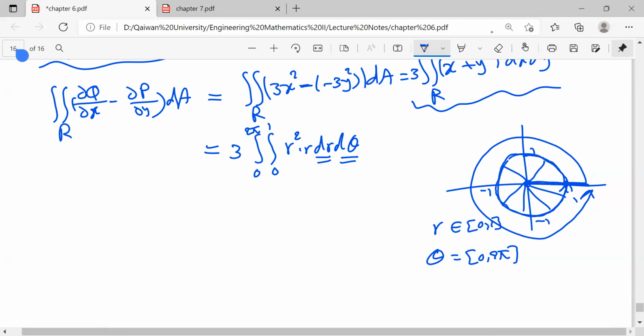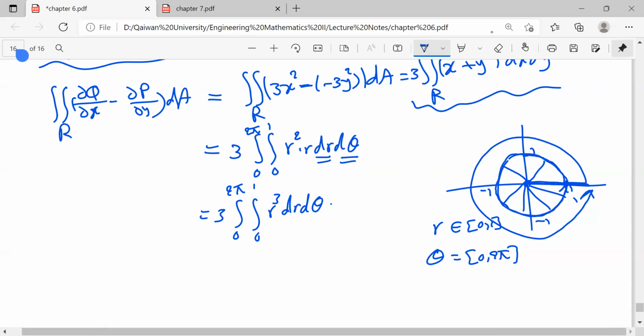We now find this integral. It's easy. The most important thing here is to convert the double integral to polar form. This equals 3 times the integral from 0 to 2 pi, integral from 0 to 1 of r cubed dr d theta. The integral of r cubed is r to the power 4 over 4.